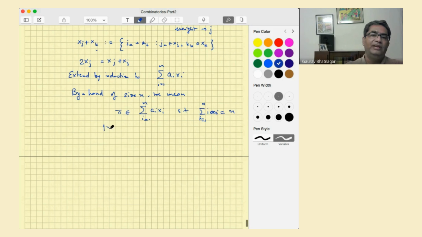Okay, and the number of elements in each xj is this bj, as we see. So this is the number of primes.